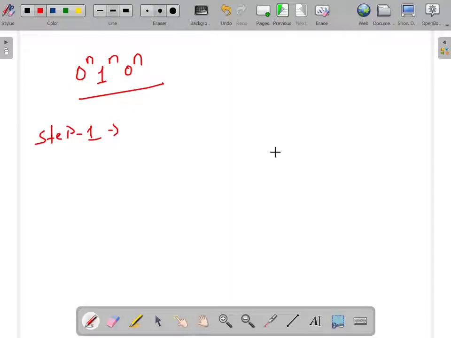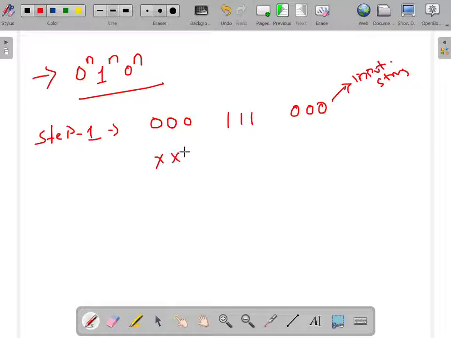Example, I am taking 0 0 0 1 1 1 0 0 0. So this is my input string, and this is valid because n number of zeros followed by n number of ones followed by n number of zeros. So this condition is satisfied here.